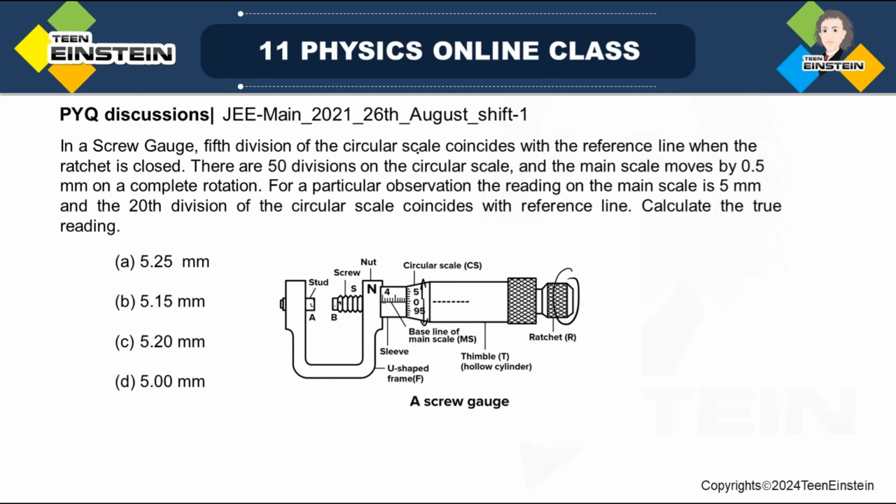Now, according to this problem, see, the baseline of the main scale coincides. See, zero line is somewhere down here, and it is actually matching with the fifth division.